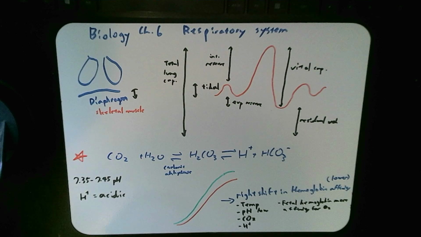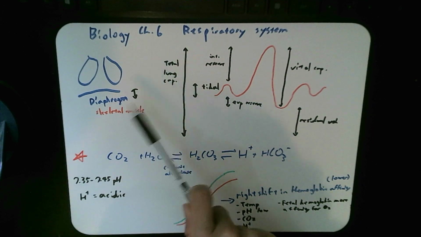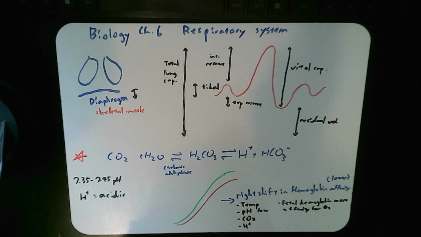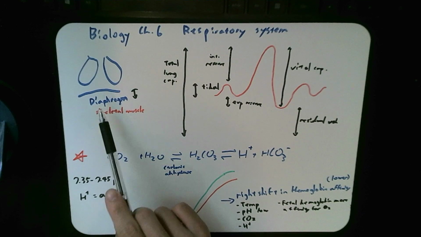Now, biology chapter 6, the respiratory system, mostly talks about the structure of the lungs. We all know that we have our lungs, and when we want to breathe in, we want to expand our chest cavity, and we do that through our diaphragm.